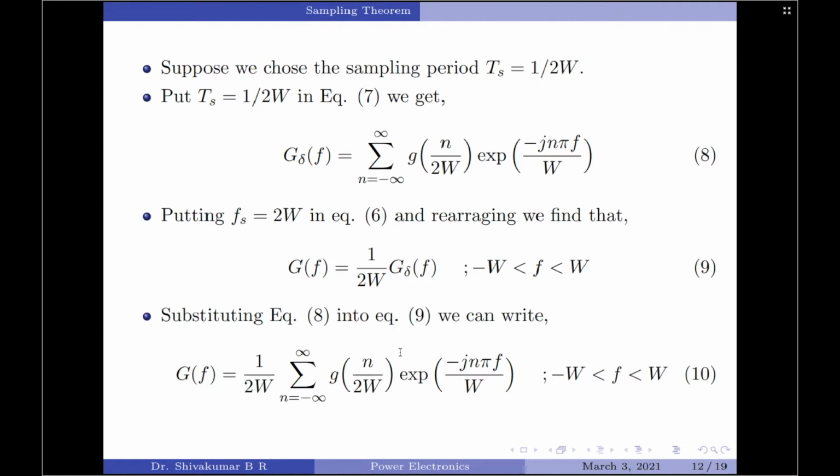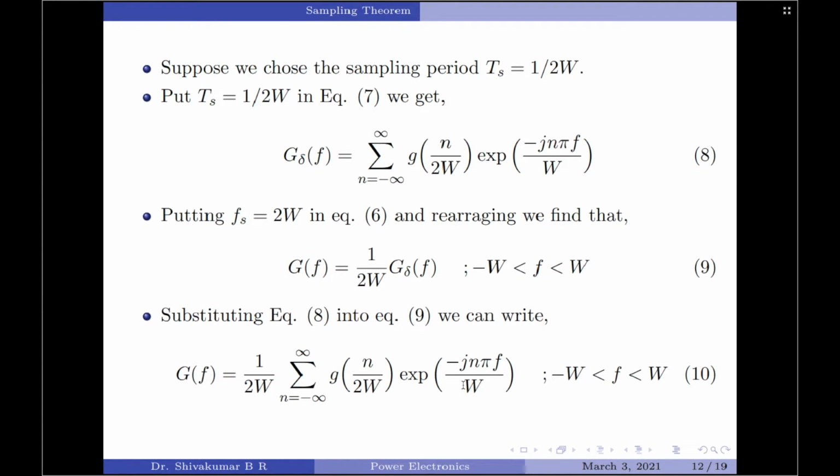In simple words, if the sampling is performed in such a manner that we generate a sample for each and every value of n, then the Fourier transform G(f) of the signal g(t) is uniquely determined by the expression in equation 10.